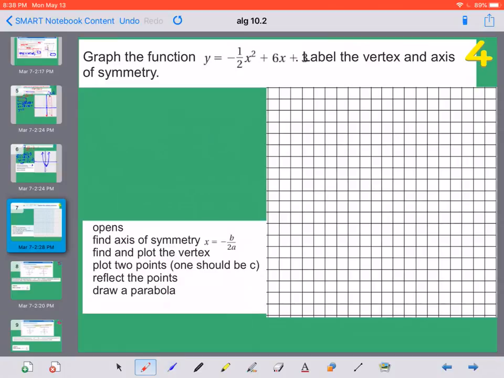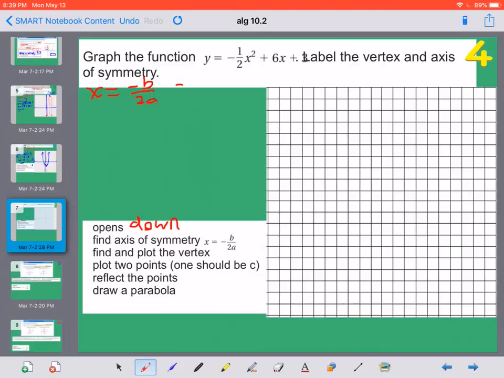Next one, y equals -1/2 x squared plus 6x plus 3. Label the vertex and the axis of symmetry. Well, this one is going to open down because I have a negative a. The axis of symmetry, x equals -b divided by 2a.